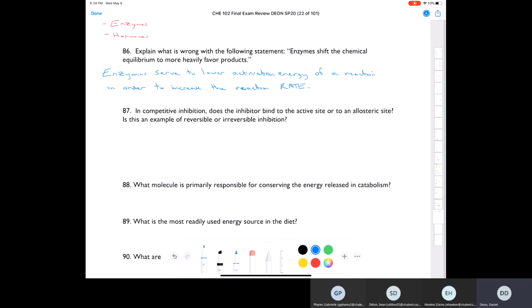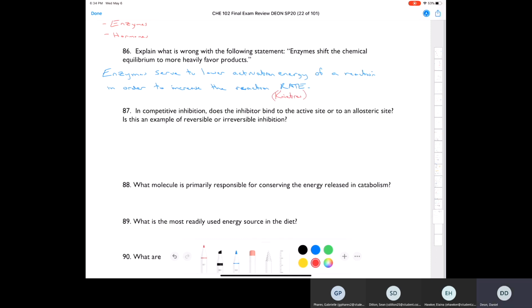Okay, it doesn't affect the concentrations of products and reactants at equilibrium. It only makes the reaction go faster. That's all an enzyme does. It has to do with kinetics, right? Kinetics.